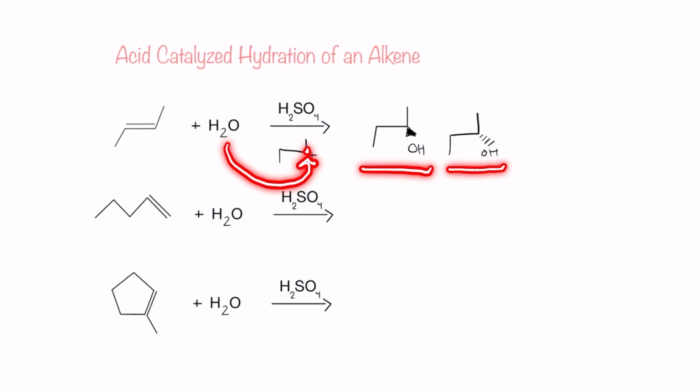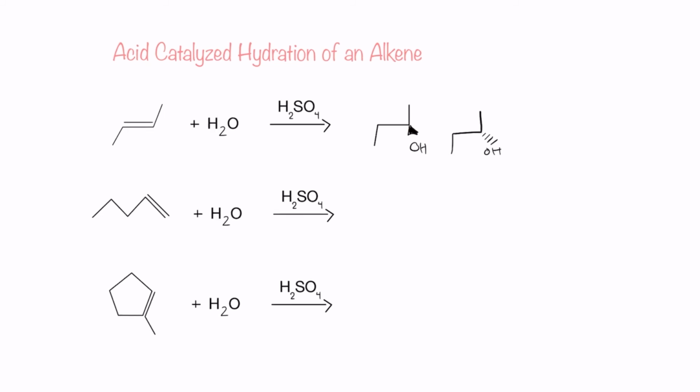Carbocations are not stereoselective, and so they're good at forming both products. So if you come across a problem like this on your exam, and you form a product that has chirality, you will have to draw both products to show that this is a racemic reaction and that both products are likely to form. Now go ahead and try the next one on your own.